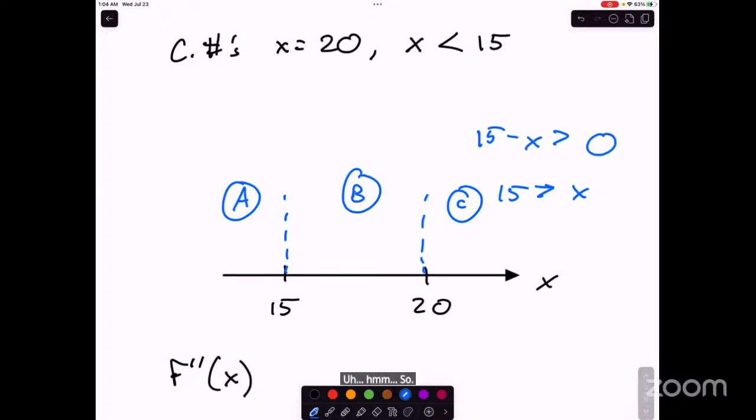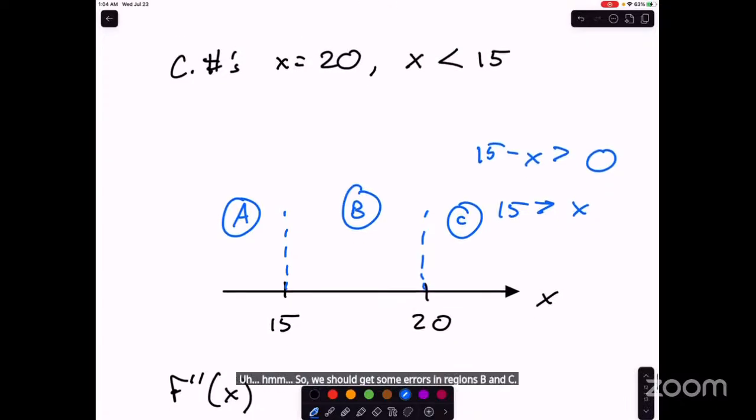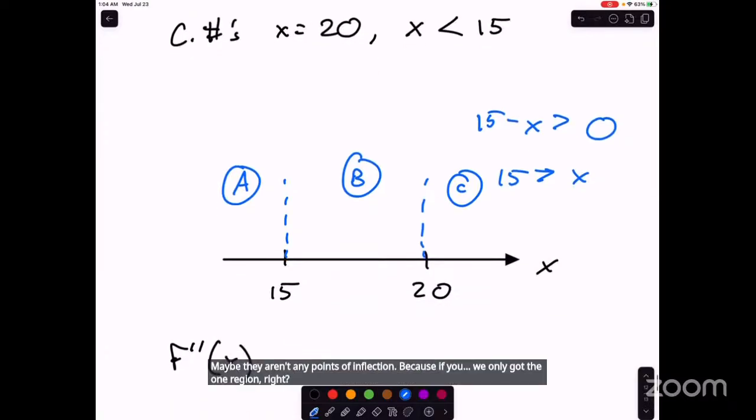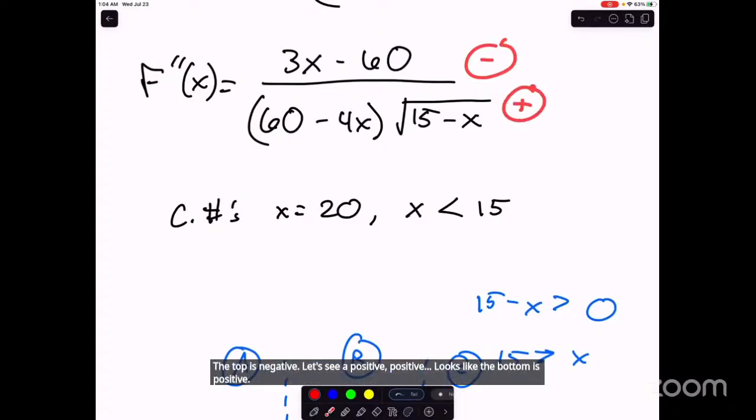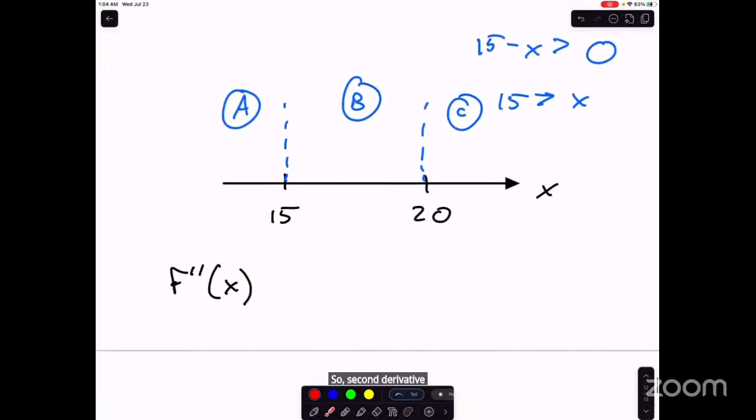So we should get some errors in regions B and C. Maybe there aren't any points of inflection, because we only got the one region, right? If we choose something like 0 and plug 0 into the second derivative, the top is negative and the bottom is positive. So the second derivative is negative in that region. Let me move this over.